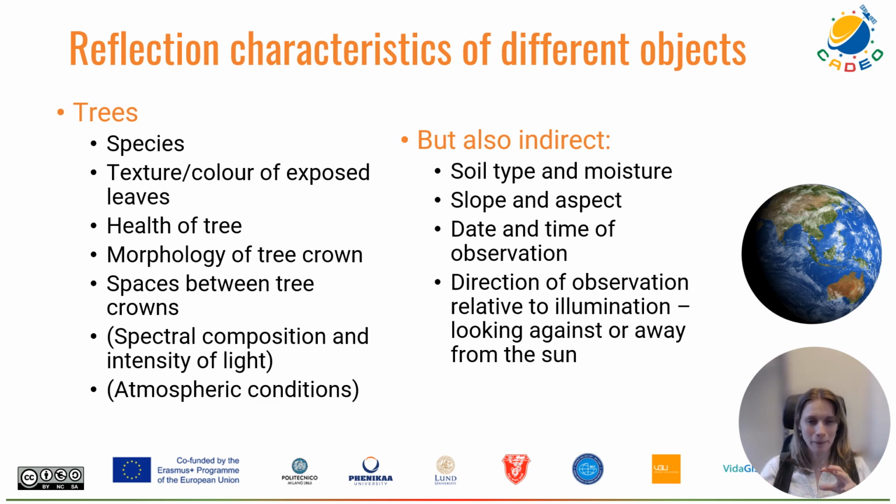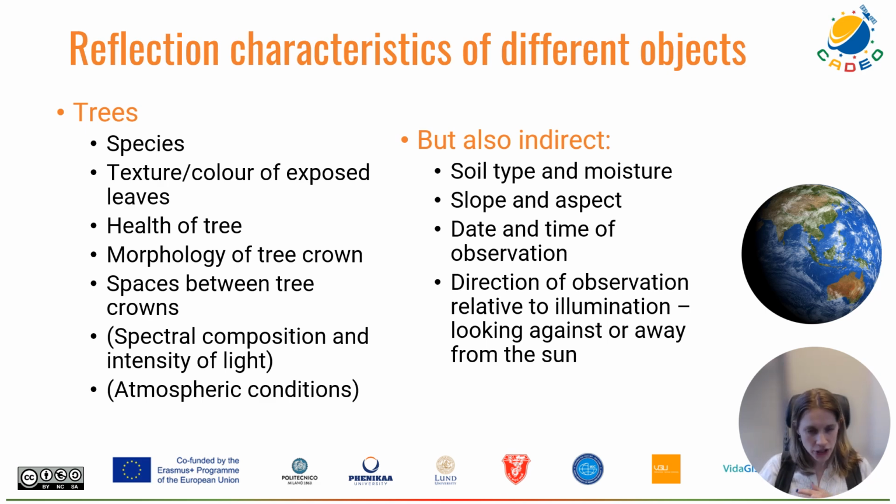How is it shaped? And then also the spaces between tree crowns, because if you have space between and you can get soil reflectance, maybe in the same pixel, if you don't have a high resolution, then that also affects the amount of reflection that you measure.